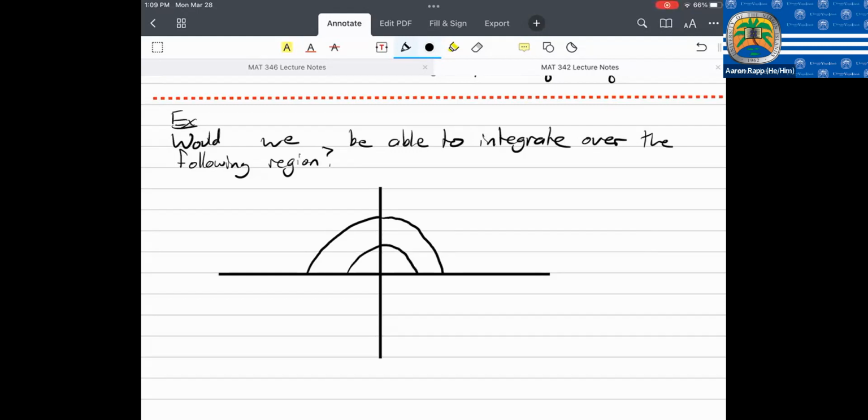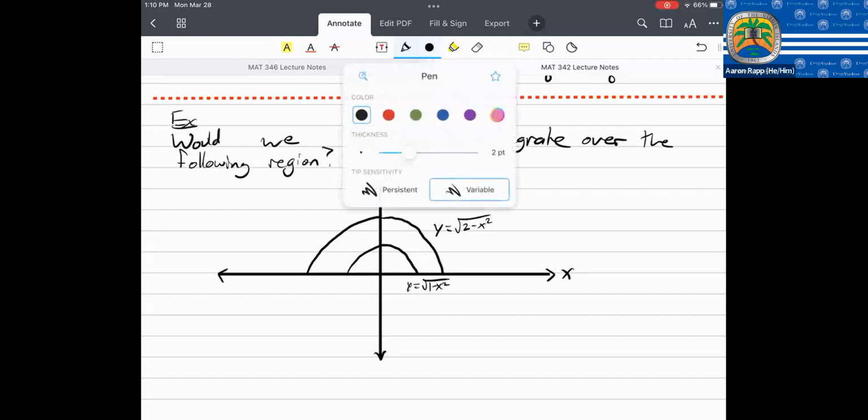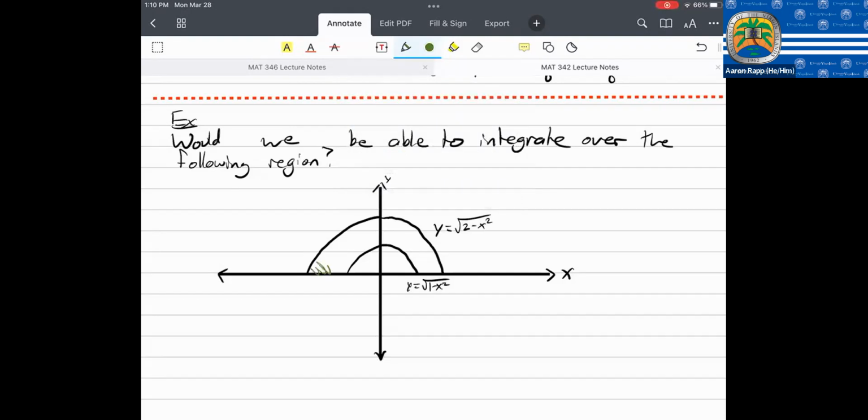Let's say we get these two curves. Top one is y equals the square root of 2 minus x squared. The bottom one is y equals the square root of 1 minus x squared. We're trying to integrate inside this entire little band that's created.